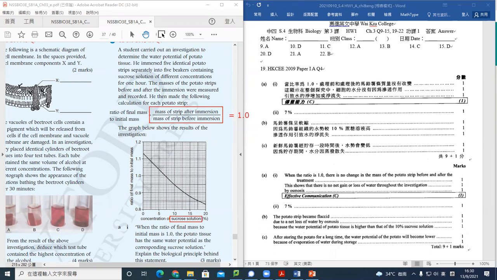Okay. When it equals to 1.0, why is the potato tissue having the same water potential as that sucrose solution?